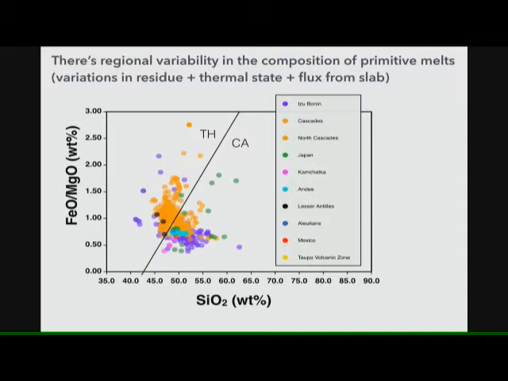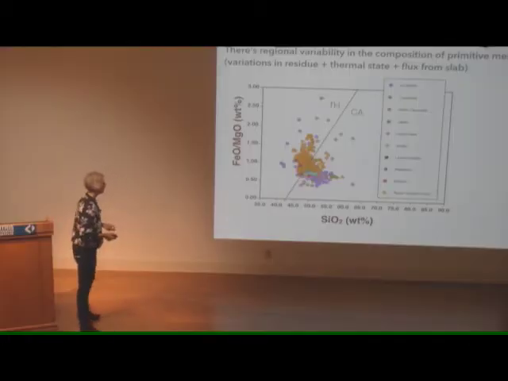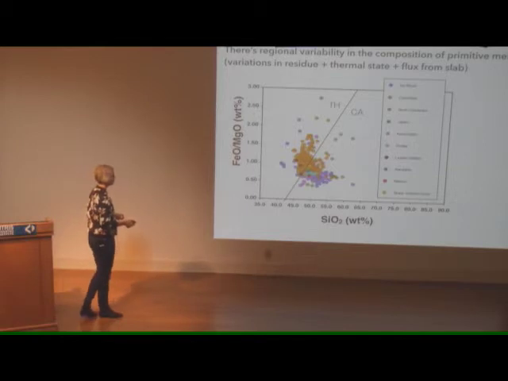So what we see also is that there's regional variability. Not all arcs are producing the same primitive magmas, or the relative proportion of primitive magmas are different at different arcs. So here at Izu-Bonin and Marianas, we're seeing a little bit more of these wet ones that go off in this direction, whether it's very water-saturated melting or melting Harzburgite.